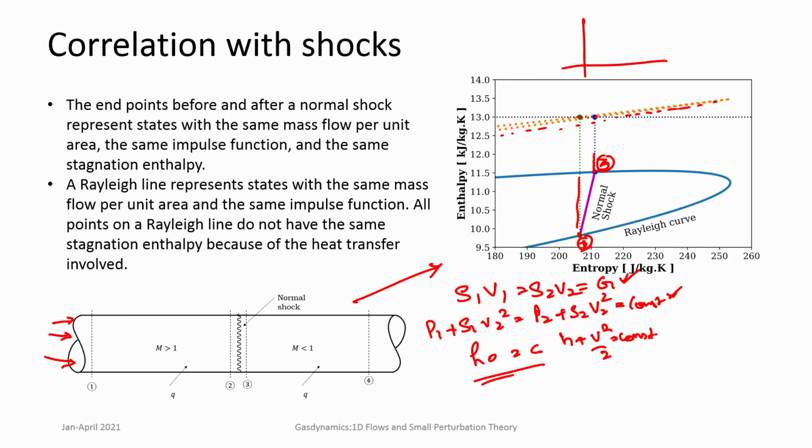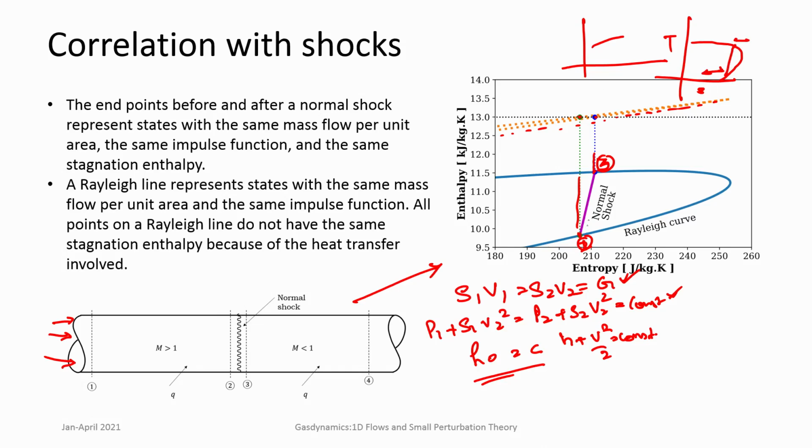The T-s diagram for a Fanno flow is like this, and if a shock appears, the maximum length included a supersonic length and a subsonic length, and the total length could be higher.